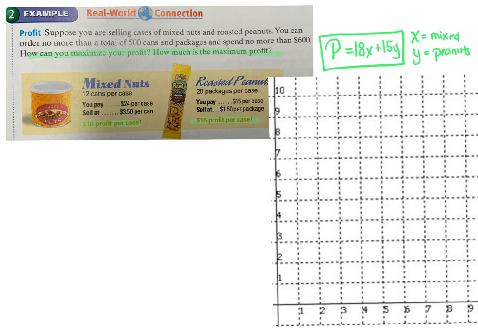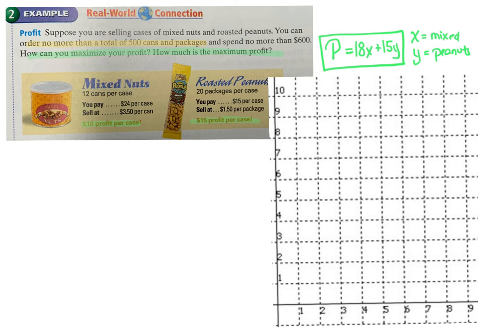The first constraint says you order no more than a total of 500 cans and packages. So you order no more than 500 cans and packages, which means that if I add all of my cans of mixed nuts and all of my packages of roasted peanuts, it's going to be no more than 500. So how do I represent that in variable form?